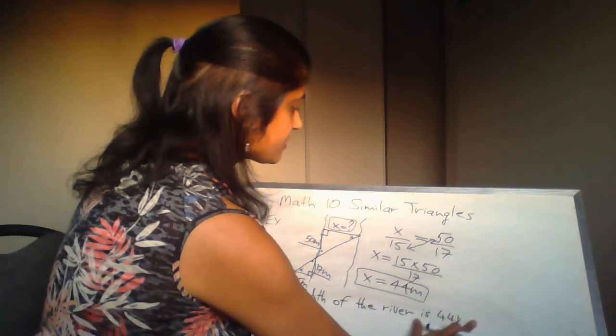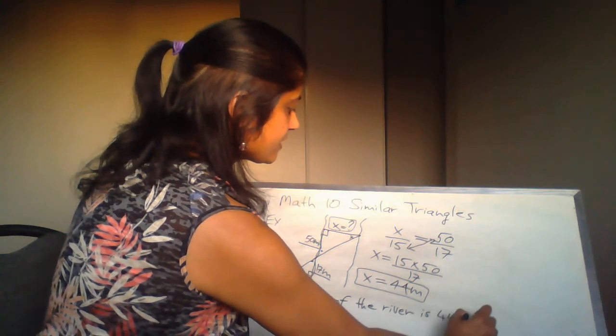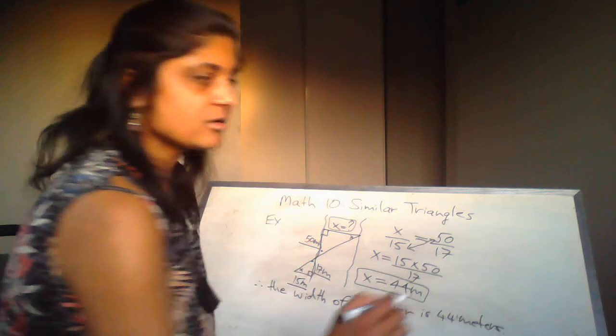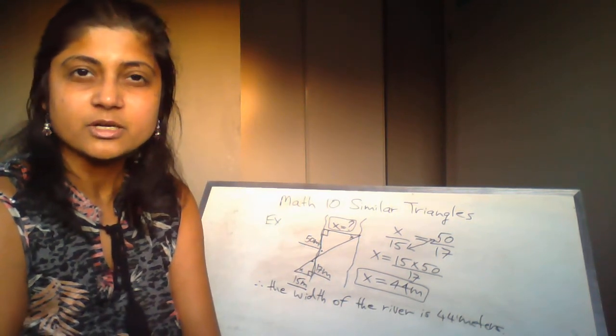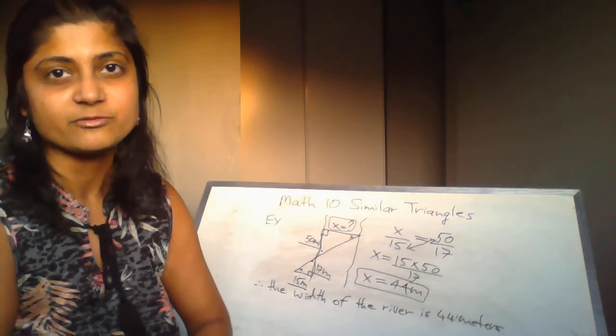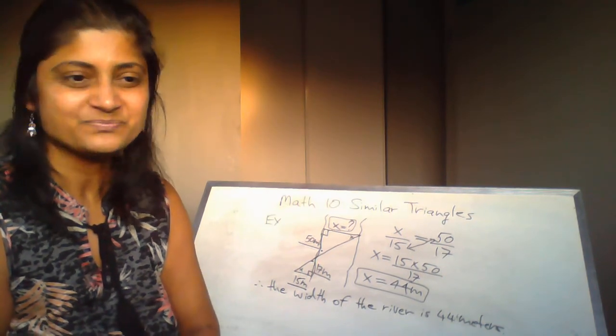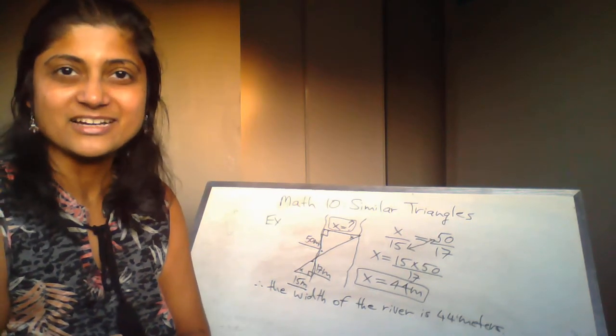You should actually write this out, especially when you're writing meters. As a general rule in the concluding sentence, make sure you're not using any abbreviations, just write everything out in words. All right, so that looks good.